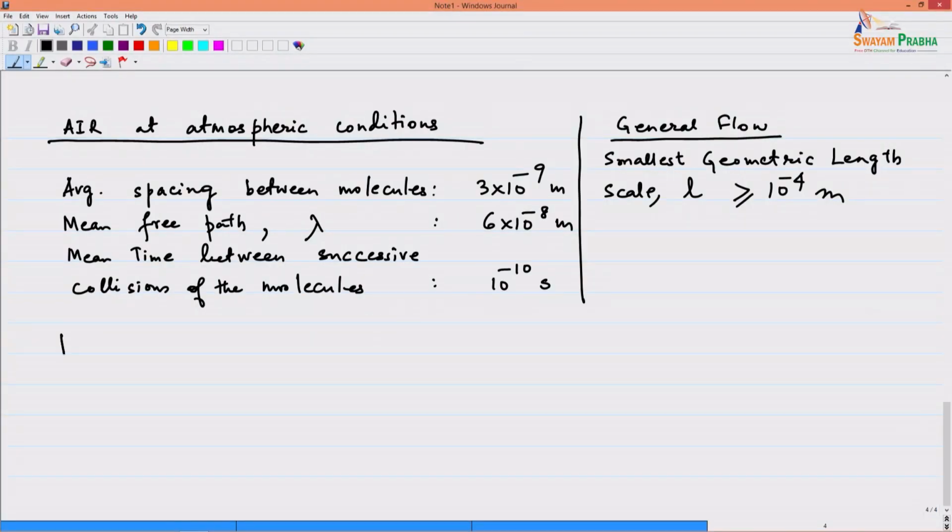When you say the whole flow is turbulent, that does not mean that there is interchange of energy everywhere. Interchange of energy is happening, but in a certain pocket, at a certain smaller length scale. That's why talking about this becomes important, and that is why I'm trying to start with this. So the Knudsen number is used for separation of scales.